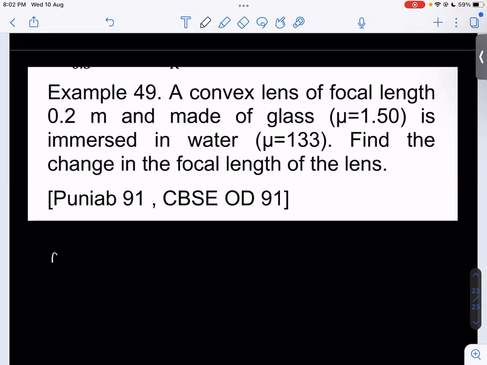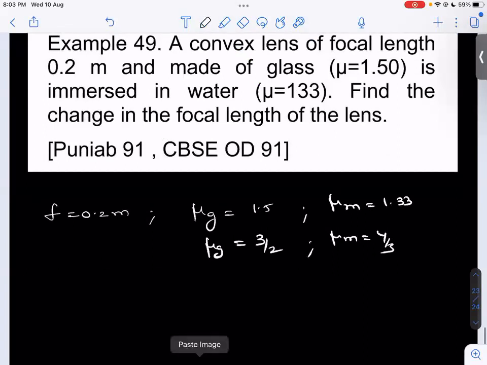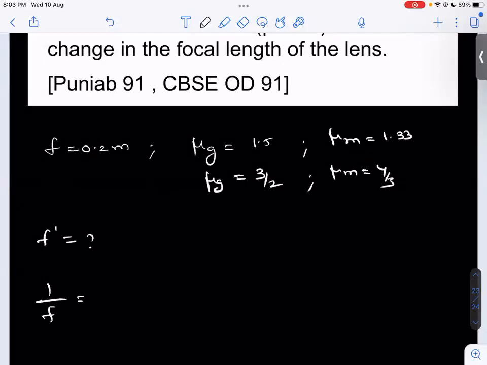So convex lens of focal length 0.2 meter, refractive index of glass is 1.5, and refractive index of medium is 1.33. So 3/2 and refractive index of medium is 4/3. So this is f. F dash is equal to how much? So 1/f is equal to 1.5 divided by 1 minus 1 into 2/r.